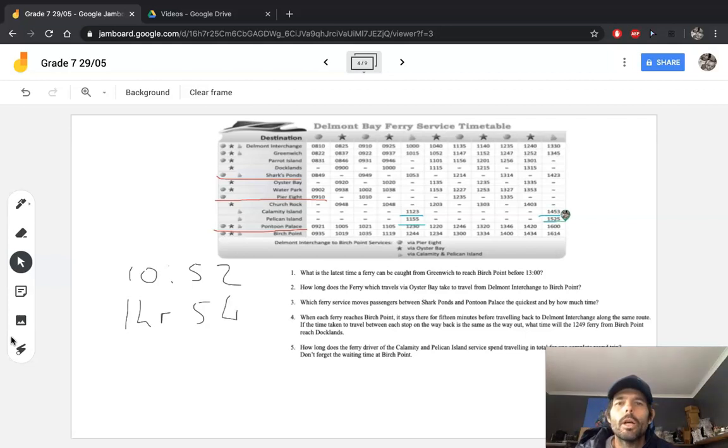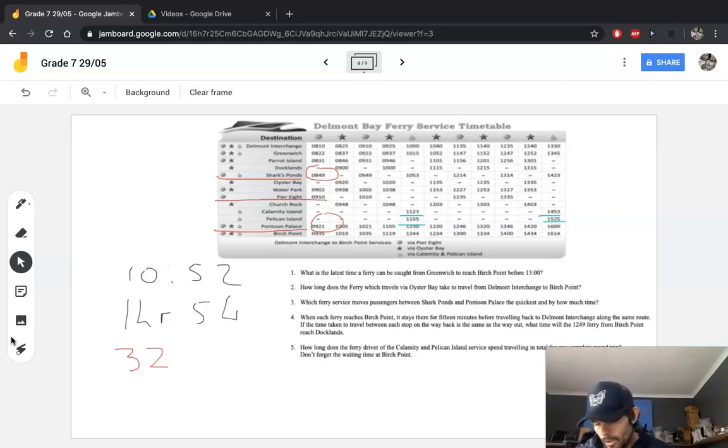So we can go work out the length of time for each one. And let's have a look at the one that goes by Pier 8 first. So it leaves at 8:49 and it arrives at 9:21, and that's a total of 32 minutes. Okay, and if you go have a look at all of the ferries that leave Shark Pond and go via Pier 8 and arrive at Pontoon Palace, they will all be 32 minutes.